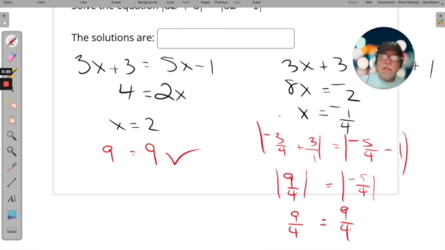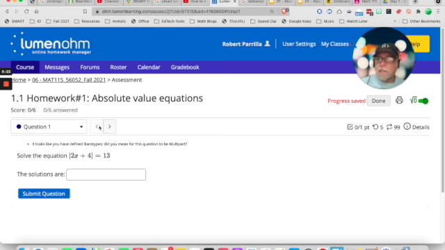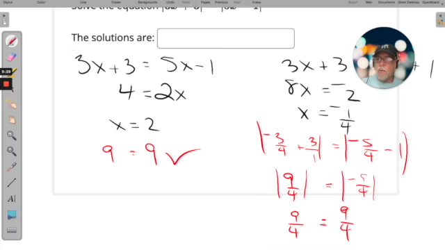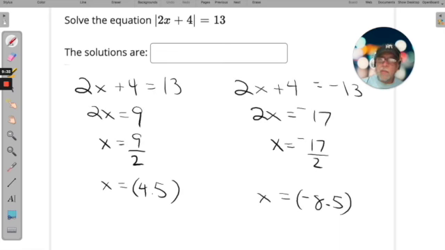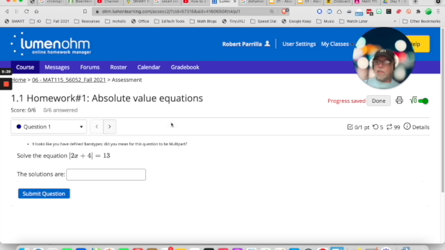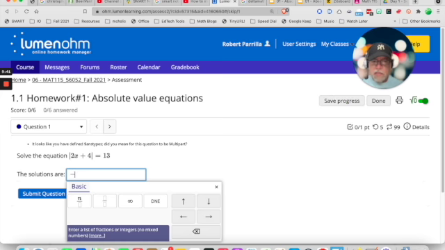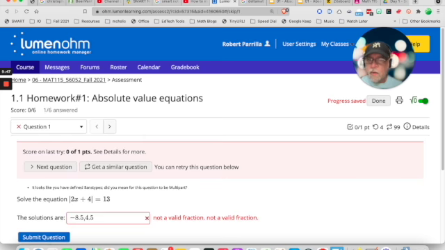Now I have enough time that I can put these in to see what would happen, just for the hell of it. Let's see what happens. Oh, wait, I can't. I'm already here. Let me go back. The answer for this one is negative 8.5 and positive 4.5. Oh, it was a fraction.